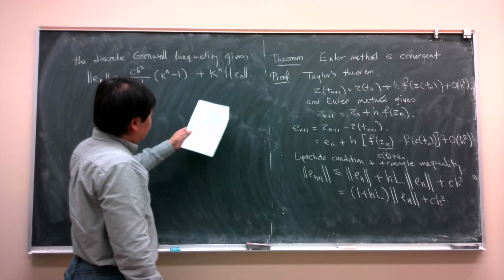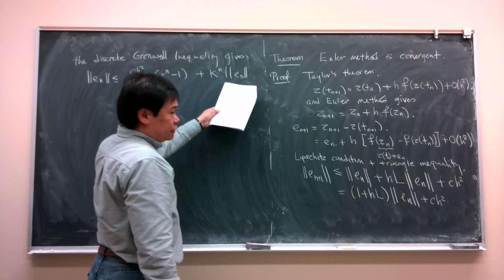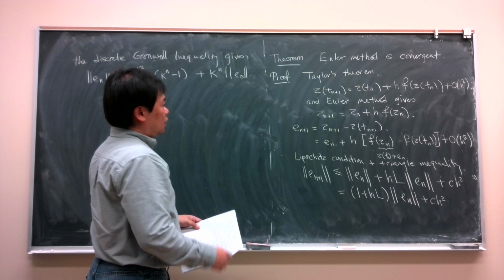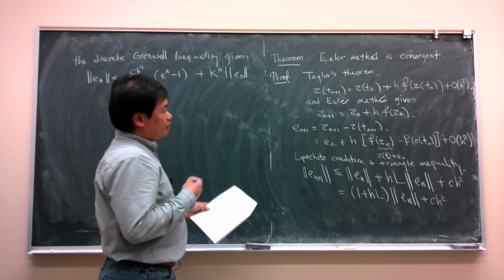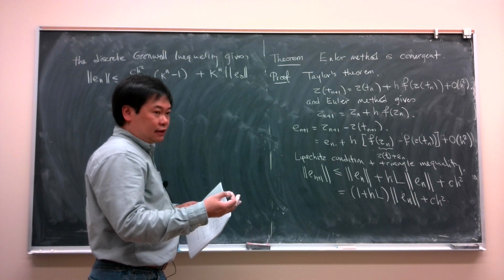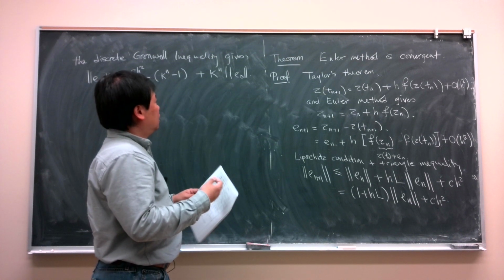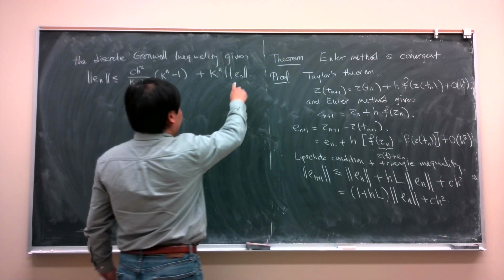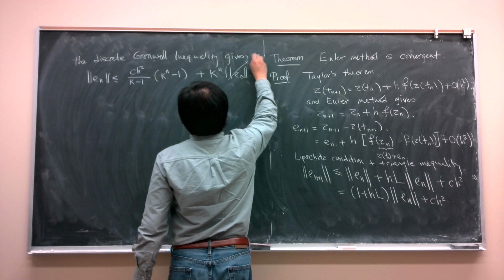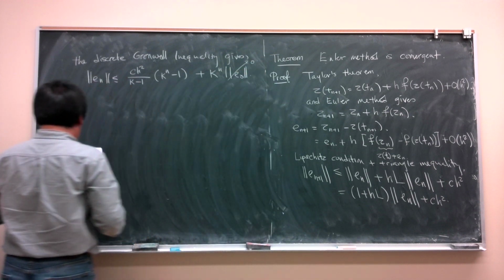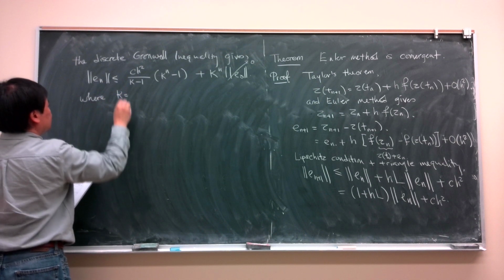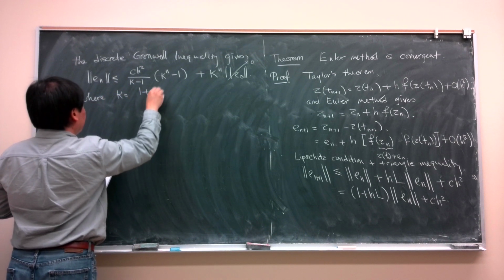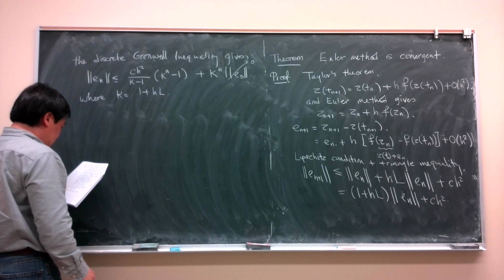And the observation is that the error at the 0th step is 0, because when you start off this method, you apply the one-step method and the exact time h flow map to the same initial data. So the error at the 0 stage is 0, so this vanishes. Okay, and then where kappa is equal to 1 plus h times the Lipschitz constant.